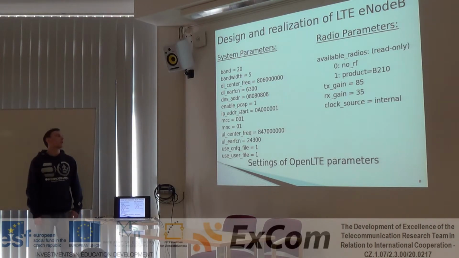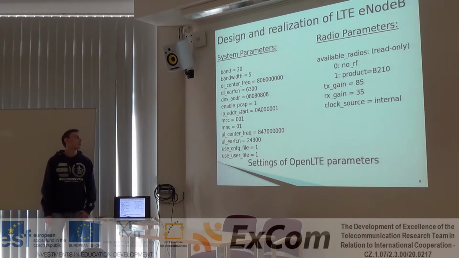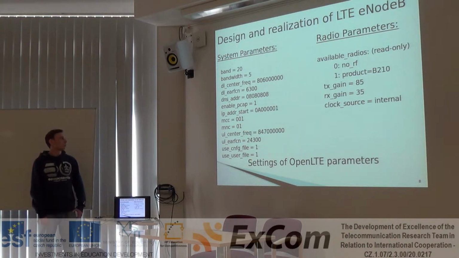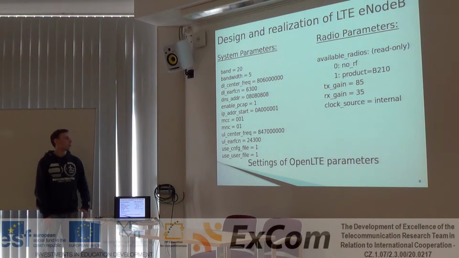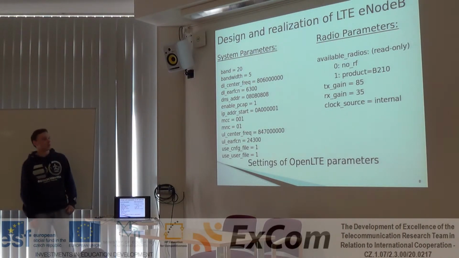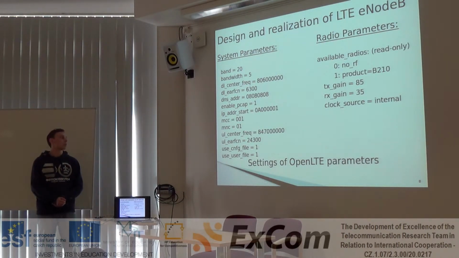Also, we can define the MCC code and MNC code, and the central frequency for downlink and uplink. We can also use configuration files, so we can save our configuration, and then when we start our OpenLTE network again, we can read from these files.